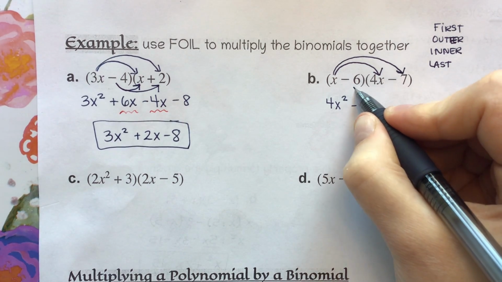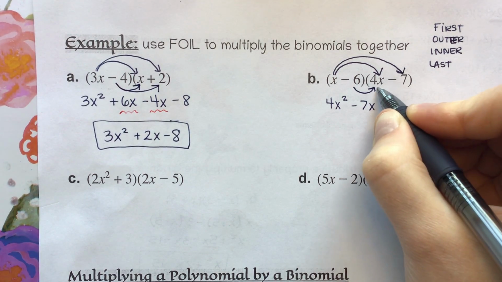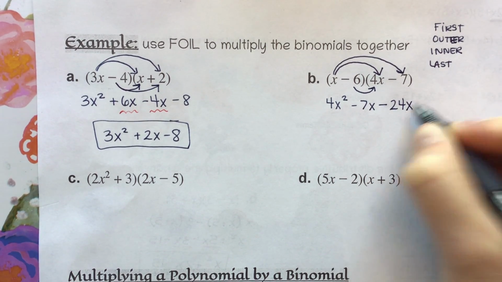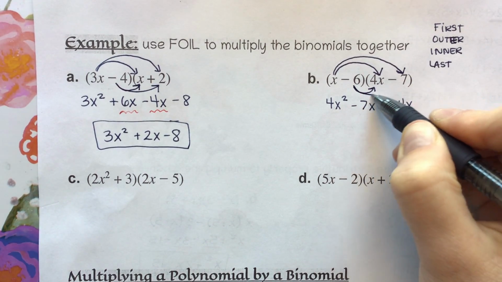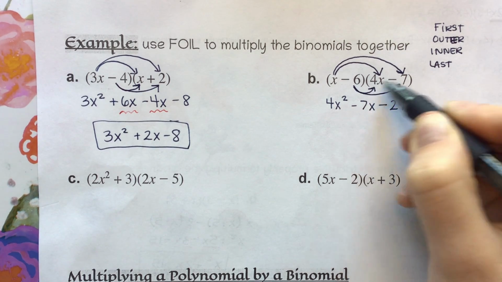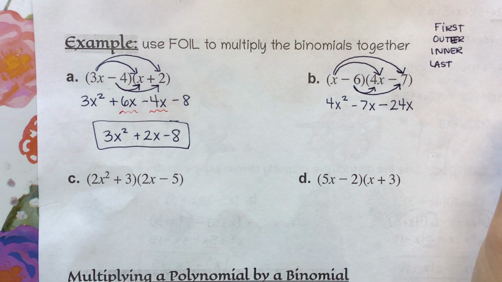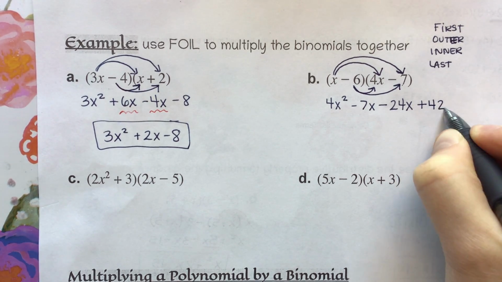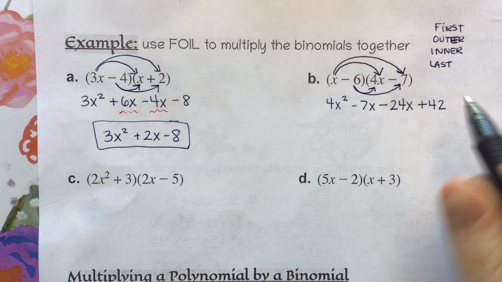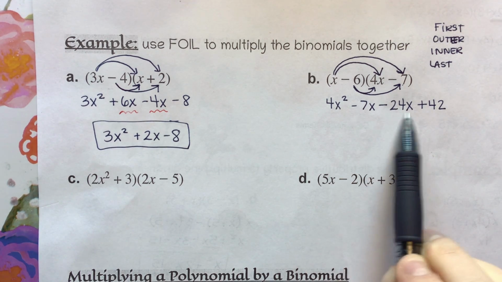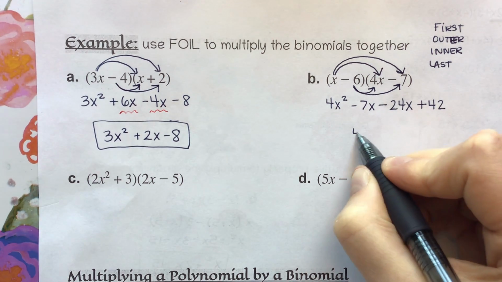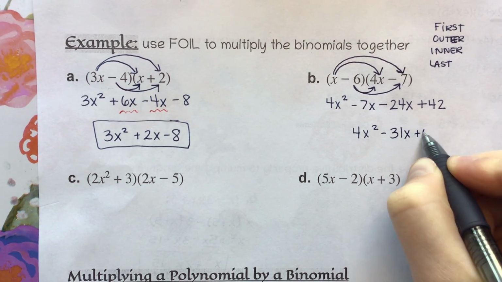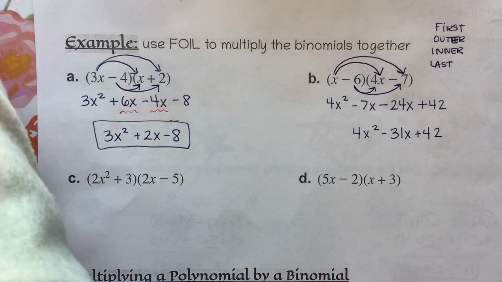Next, I'm doing inner terms. Negative 6 multiplied by 4x is minus 24x. And then I have last terms, negative 6 times negative 7. Remember, a negative times a negative is a positive, so this is going to be plus 42. Okay, now we want to combine like terms yet again. So I'm going to have 4x squared minus 31x plus 42.